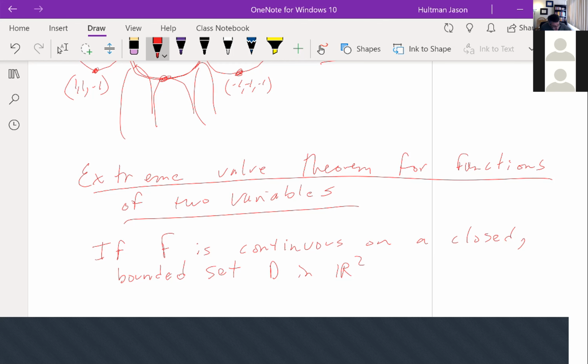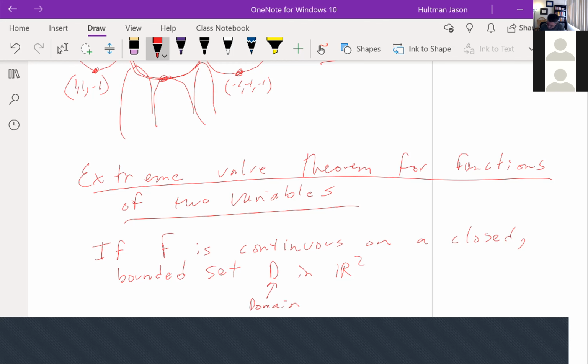Okay, in R2. Why is D in R2? Well, D is the domain, okay, think of that. D is the domain here, not a value. This isn't the D score, this isn't the D test. This is just the domain in R2.